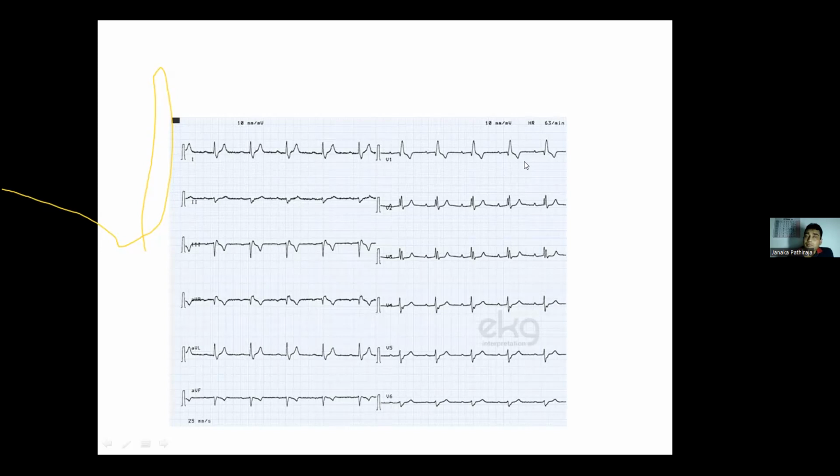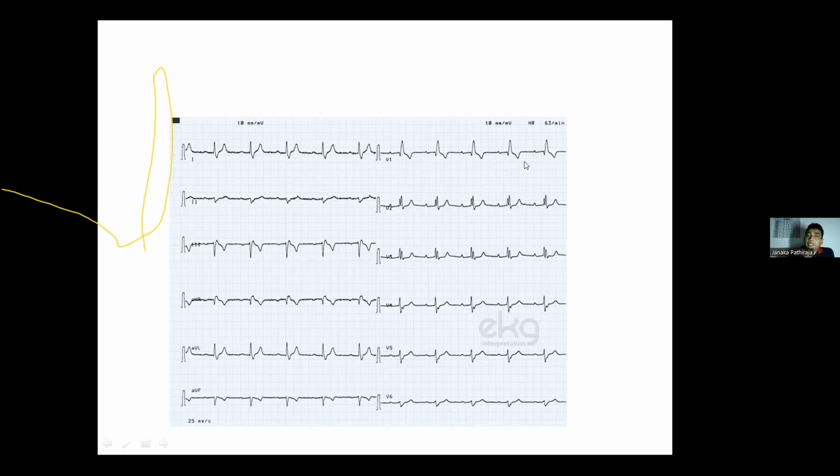Yeah, because trifascicular block means there's an extensive conduction tissue problem. Right bundle branch block means the right bundle branch is not working properly, right? First degree heart block means the AV node is not working properly. Then left axis deviation means it is left anterior hemiblock.